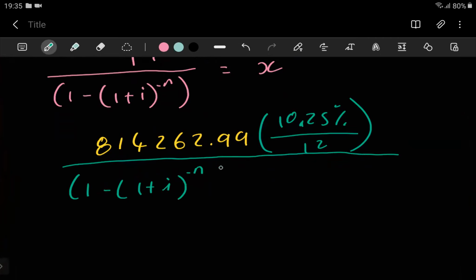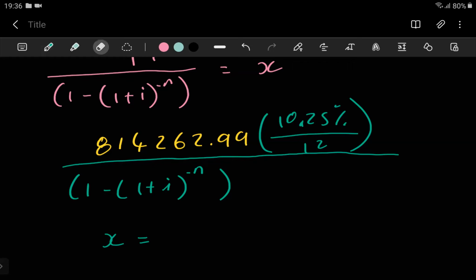Negative n. What would the n value be for the bottom piece?